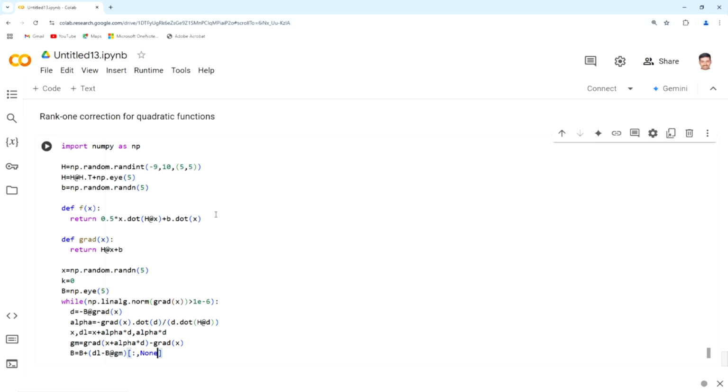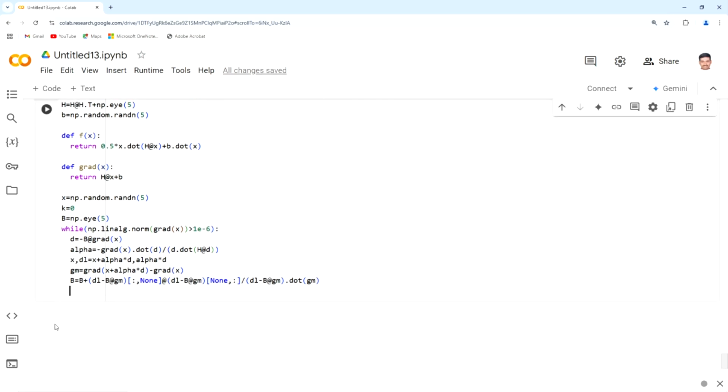So, I am writing something here. If you do not understand, please bear with me for a moment. I will explain what it is. Delta k minus bk gamma k, transpose gamma, okay.